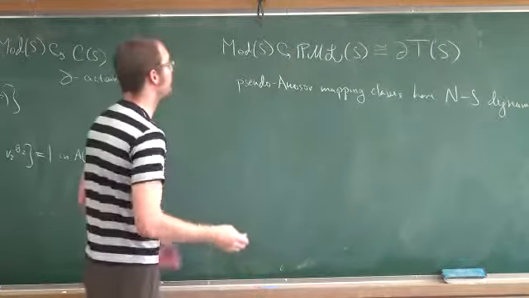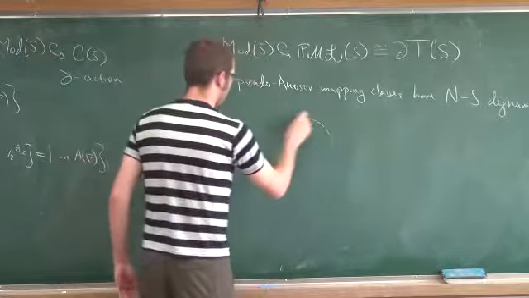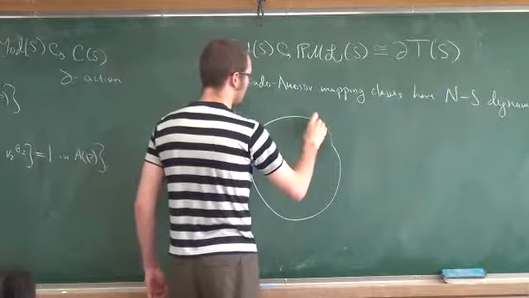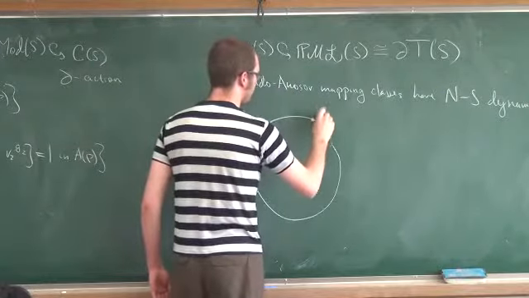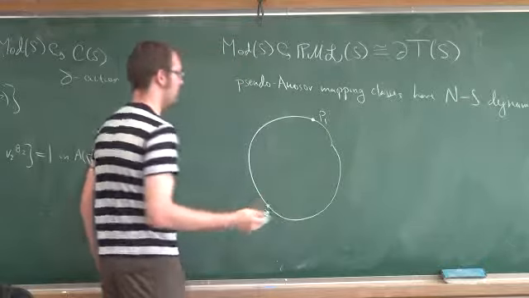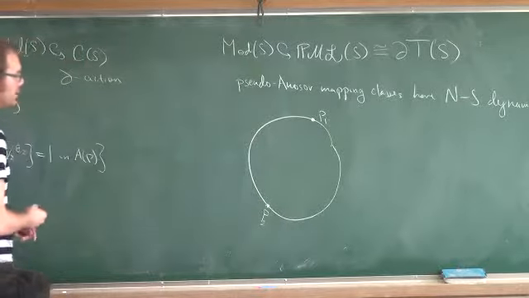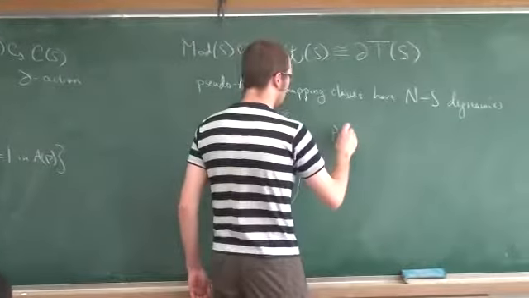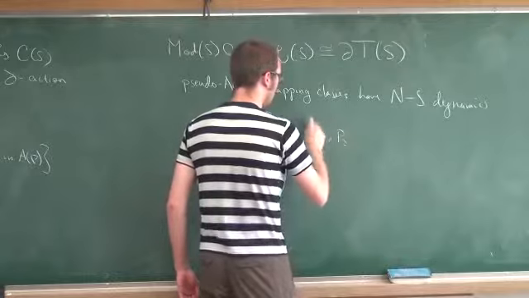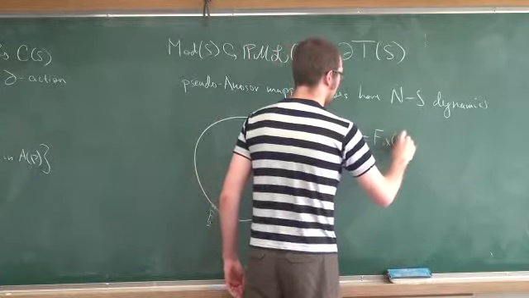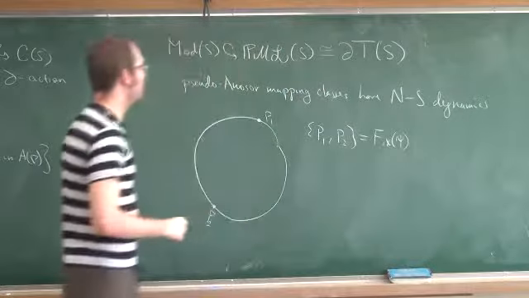Which is to say that a pseudo-Anosov mapping class has two fixed points which are distinct from each other, which you can think of as the north and the south pole. So P1 and P2 are exactly the fixed point set of a pseudo-Anosov psi.